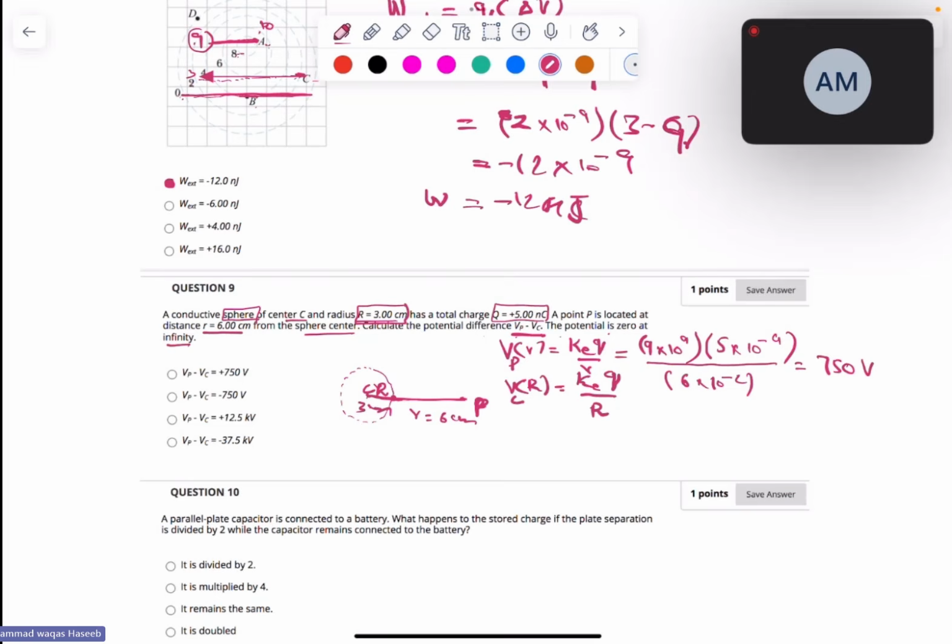And similarly, you can calculate the potential at the center, point C, just substitute the same value, but the distance would be 3 centimeter. And you will get the potential 1500 volt. So what is Vp minus Vc? 750 minus 1500. So you will get negative 750 volt.